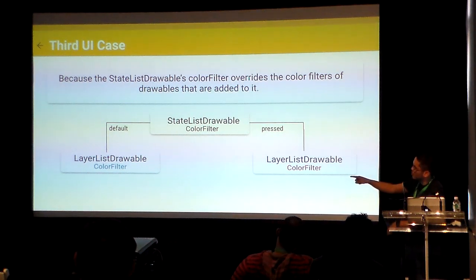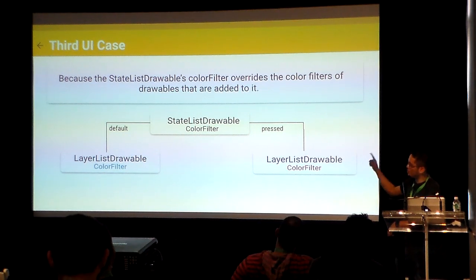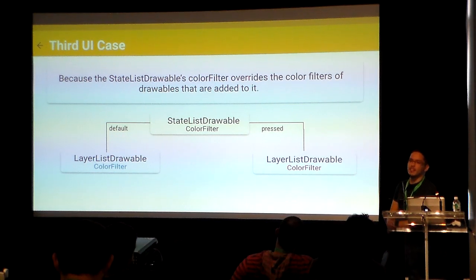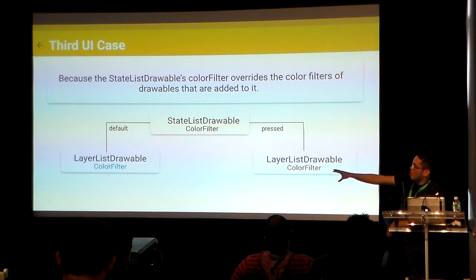And those layer list drawables have their own color filters. So what we could do is set color filters for these layer list drawables, but they would be overridden by the color filter of the state list drawable. So at the end, we wouldn't have the effect that we need, because on that layer list drawable my icon would be white, and here it would be blue.